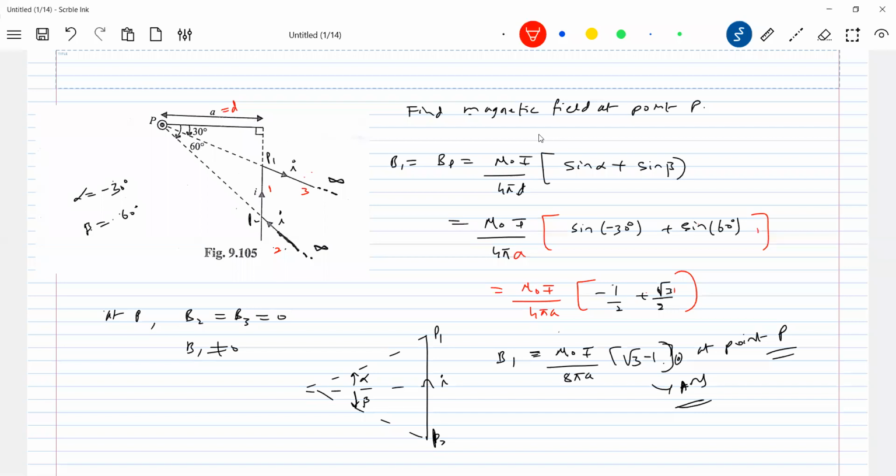Any angle below the reference line is beta, and any angle above the reference line is alpha. So what is alpha now? Alpha is measured below the reference line, so alpha should be negative. Based on that reference line, you can categorize what is alpha and beta.